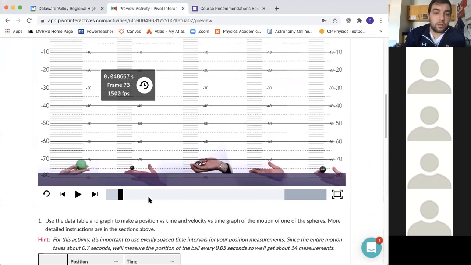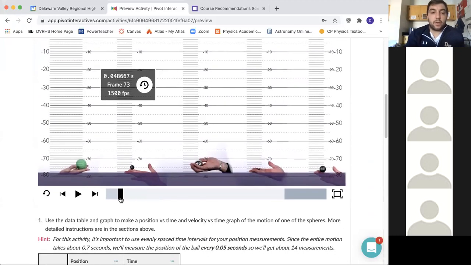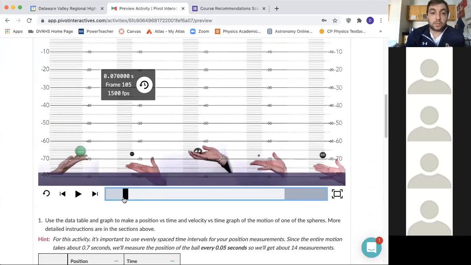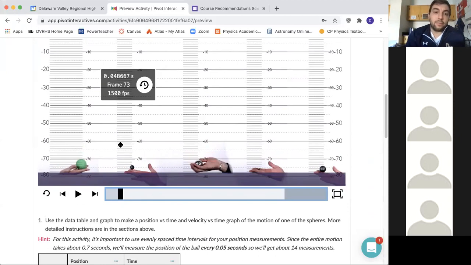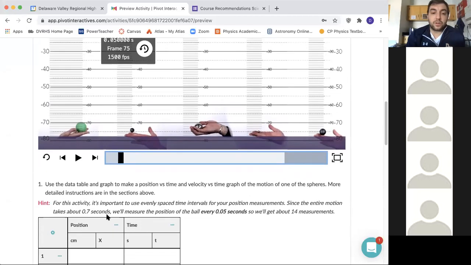And then pay close attention here, guys. I am going to use the small steel ball as my example. Fast forward to the frame in which the steel ball is released. It looks like it comes off her hand right about there. We'll fast forward to 0.05 seconds exactly, which is when it leaves her hand.